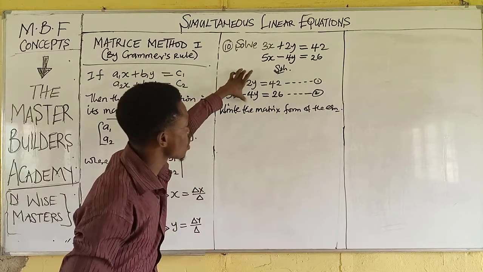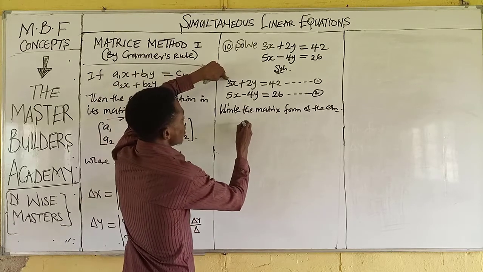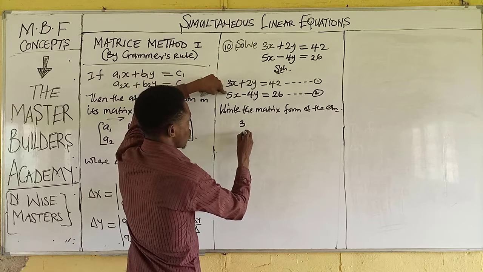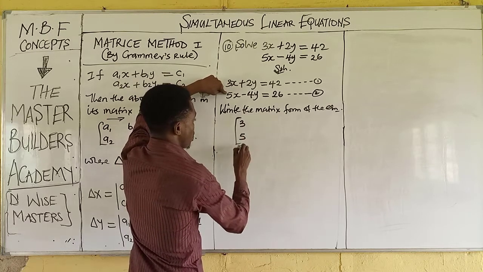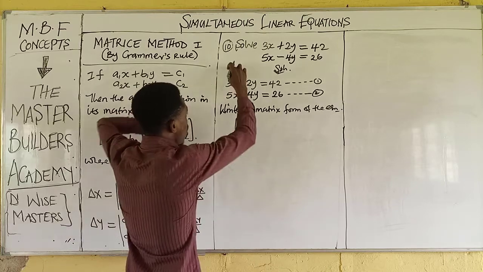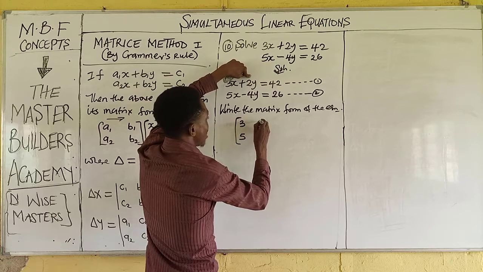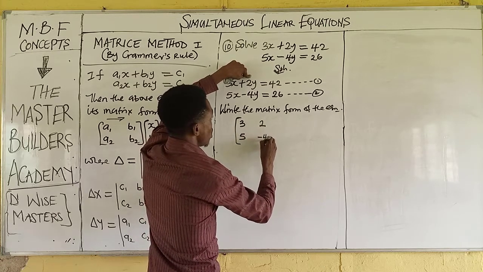So to put these equations in matrix form, all we need to do is to take the coefficient of x in equation 1 and also take the other one in equation 2. Then you can create your matrix. Then we are done with x. We come to column y, which will form column 2. The coefficient in equation 1 is 2. The coefficient in equation 2 is minus 4.